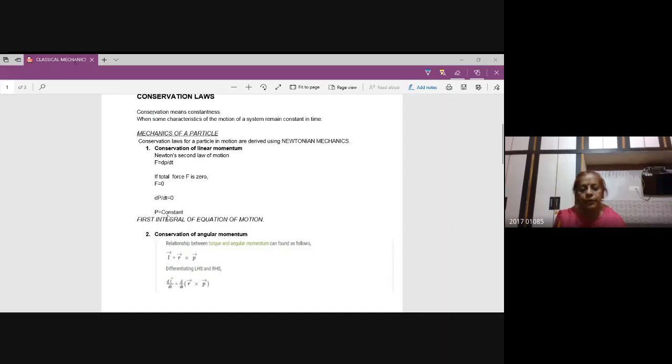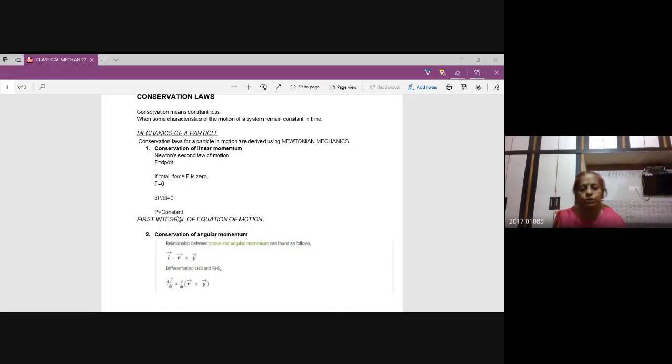As this equation is obtained by integration, this law is also sometimes termed as the first integral of the equation of motion. Hence, when the force acting on the particle is 0, the linear momentum of the particle will be conserved, or we can say the linear momentum will be constant with respect to time.